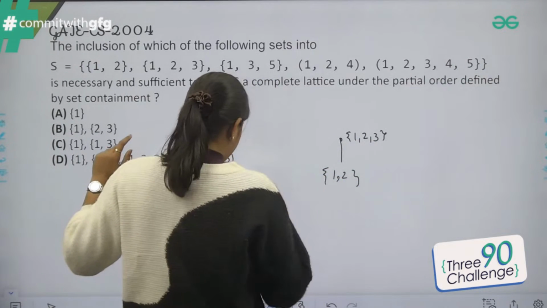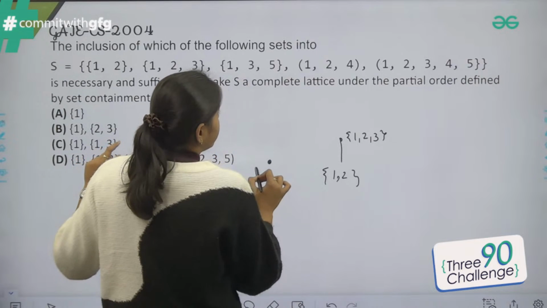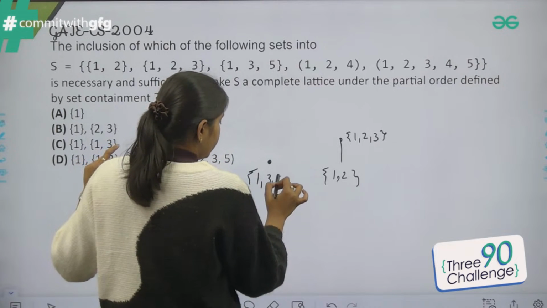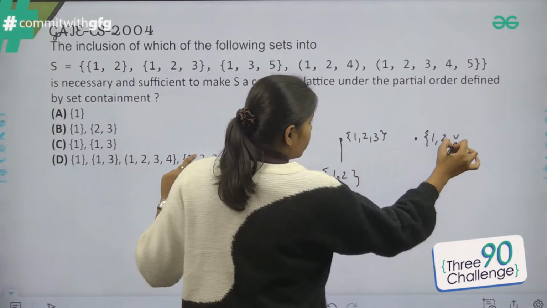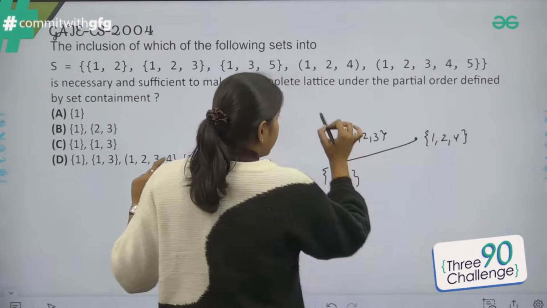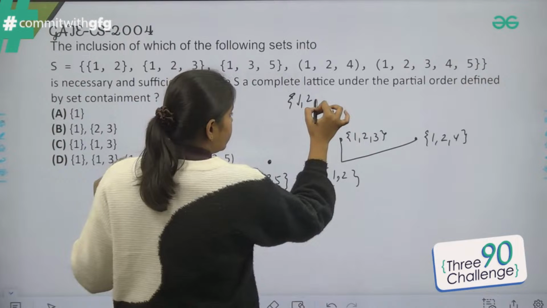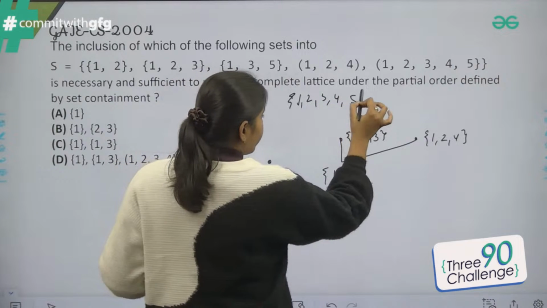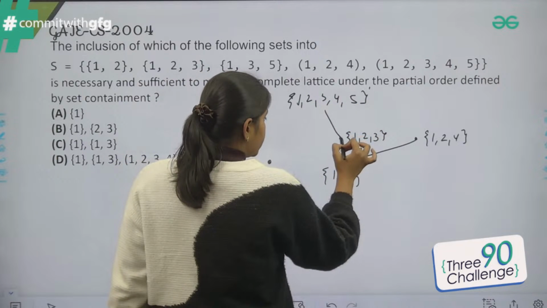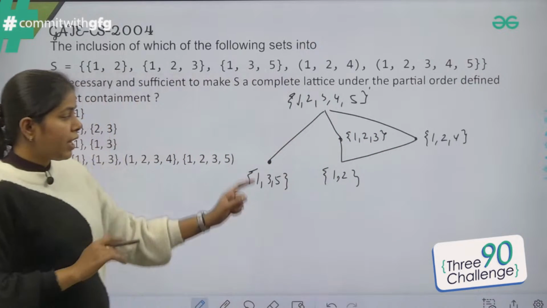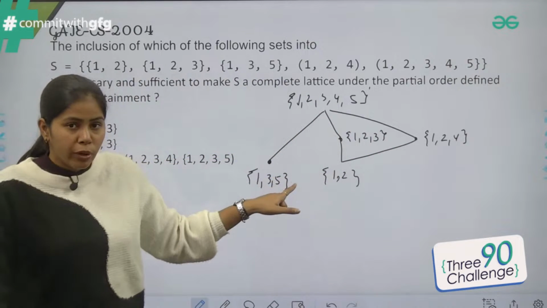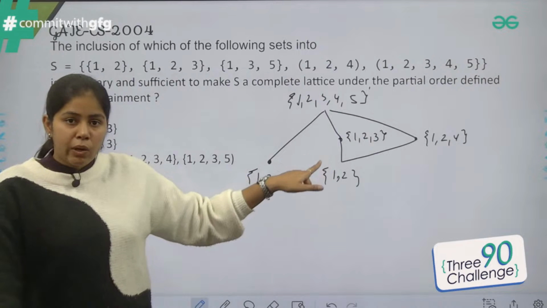We have one point as well, that is {1,3,5}. And we have {1,2,4}. Right, and we have {1,2,3,4,5}, which is a superset of this one and this one. Guys, you can see that we have a single top, but we have 2 bottoms.